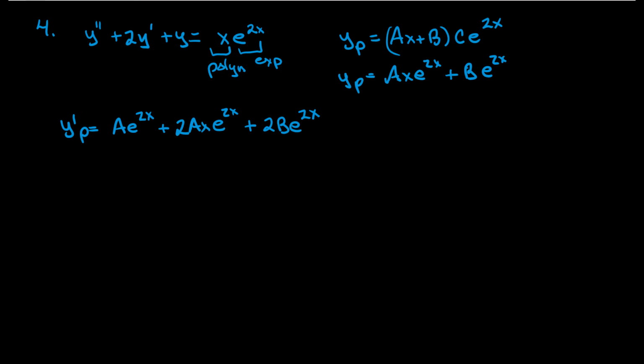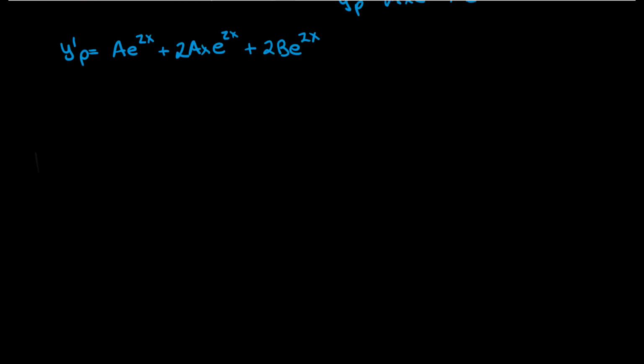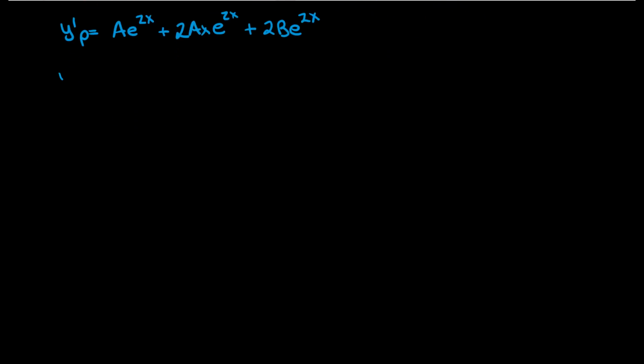All right. Now, we next need to compute the second derivative. We have our original function, or our proposed solution. We have our first derivative, and what we now need to do is use the first derivative to compute a second derivative. So our second derivative here is going to be 2a e to the 2x plus, now this middle term here is a product.